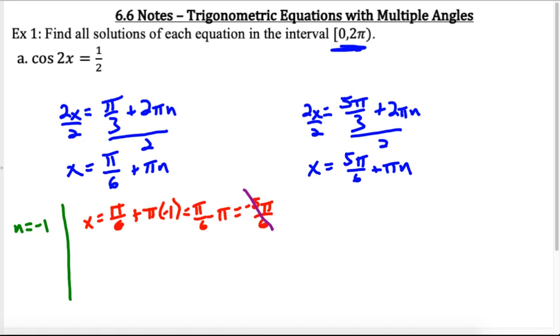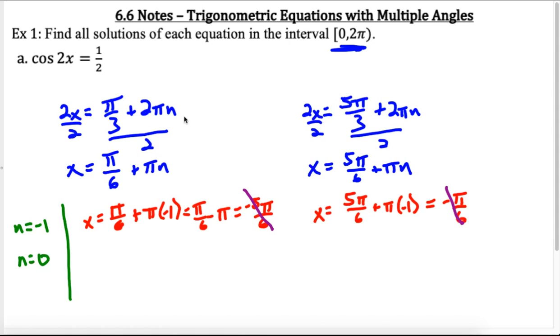That would not be one of my answers. We want to plug -1 in here as well. That will give me 5 pi over 6 plus pi times -1. Again, that would be 5 pi over 6 minus pi, and 5 pi over 6 minus 6 pi over 6 would be -pi over 6. Again, that is outside of my range 0 to 2 pi. So let's go on to the next value of n.